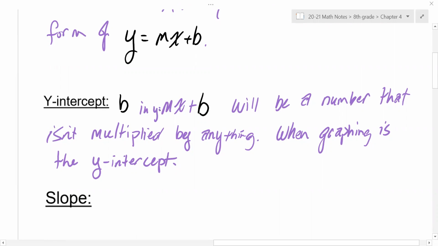It will be a number that isn't multiplied by anything, and when graphing, it is the y-intercept.